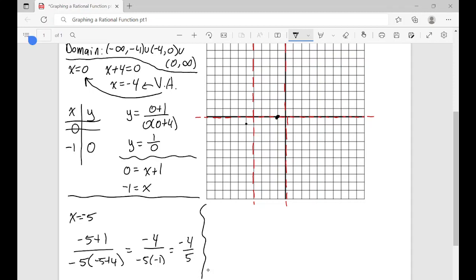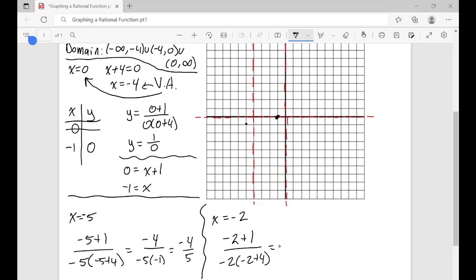Now I'm going to do it again. I'm going to pick some value in here that's not the 0, so I'm going to pick -2. I'm going to plug -2 into my function, and I'm going to get -2 plus 1 over -2 times -2 plus 4.